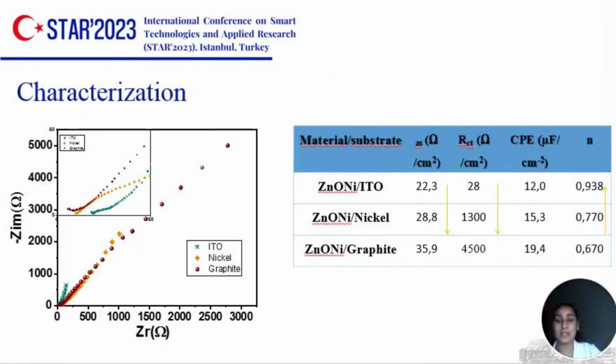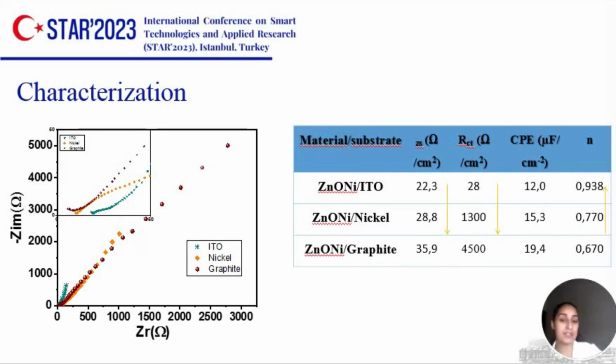Before examining the electrochemical performance, we characterize the material obtained on different substrates through impedance measurements. The Nyquist plot from electrochemical impedance spectroscopy of the electrodeposited thin film shows that the material deposited on indium tin oxide, nickel, and graphite have respectively low, medium, and high charge transfer resistance.